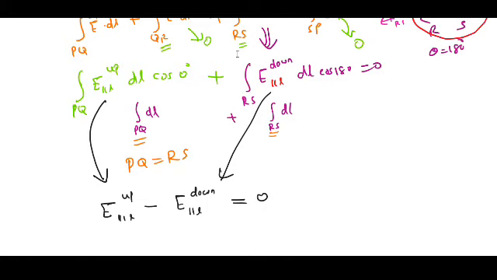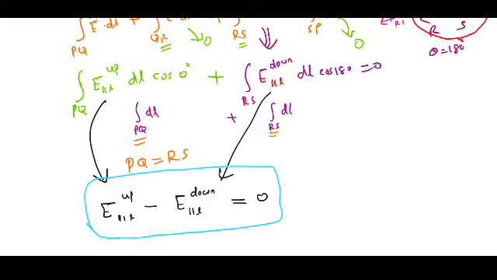Fine. Therefore, this should be E parallel down. This is another electrostatic boundary condition, that is, the parallel component of the electric field is continuous at the boundary.